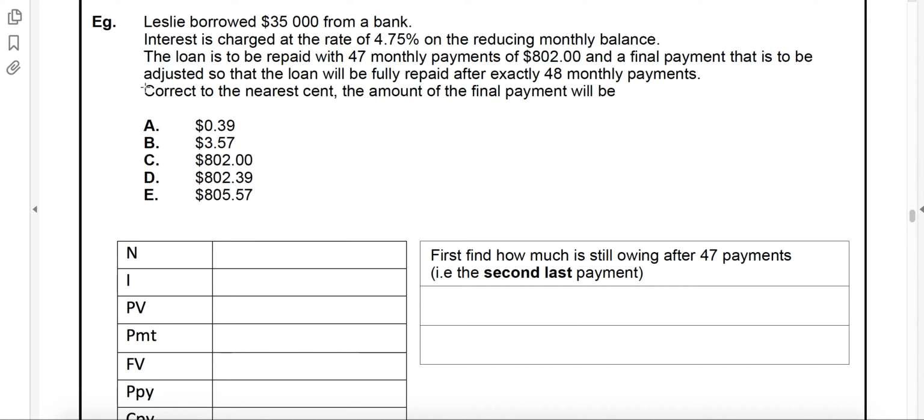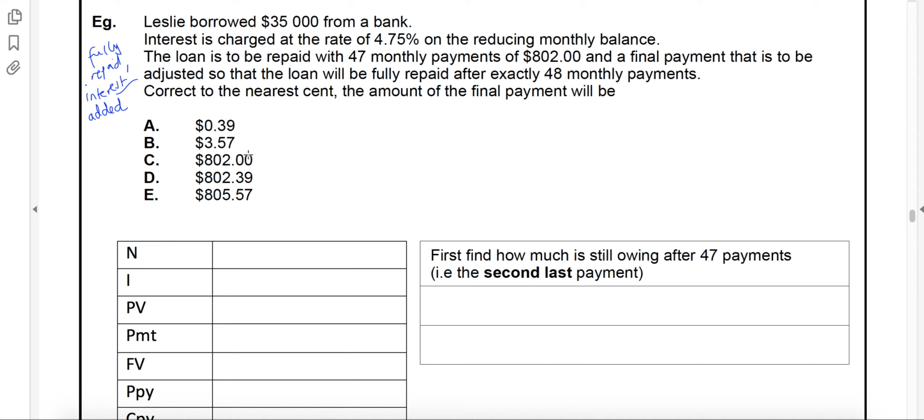So when they say that, they mean interest is going to be added. It's going to be adjusted so it'll be fully repaid. Well, that's really the main reason that it's adjusted, I should say. It's fully repaid with interest added. So after 48 altogether.